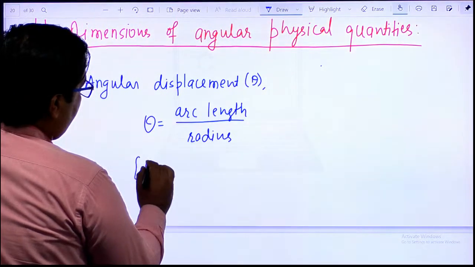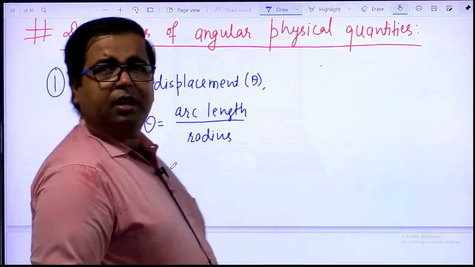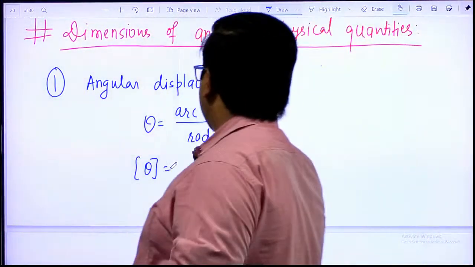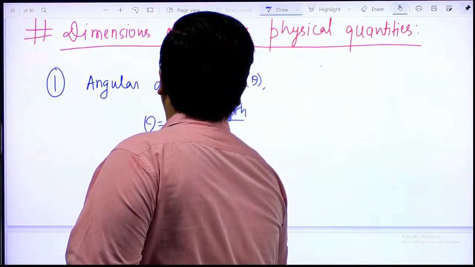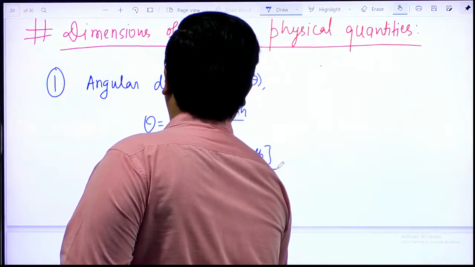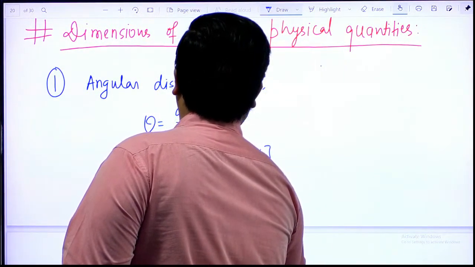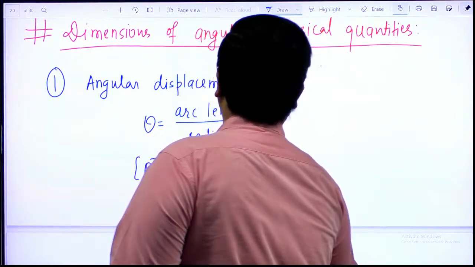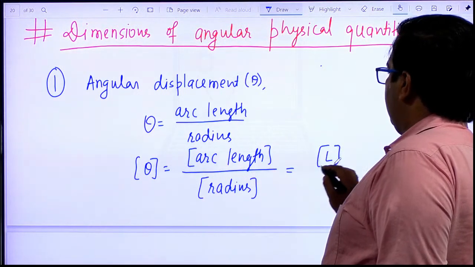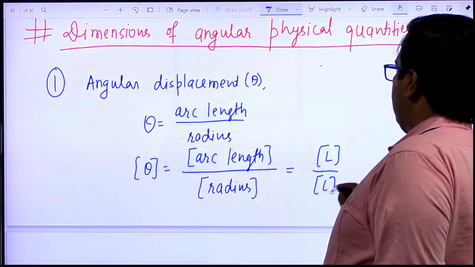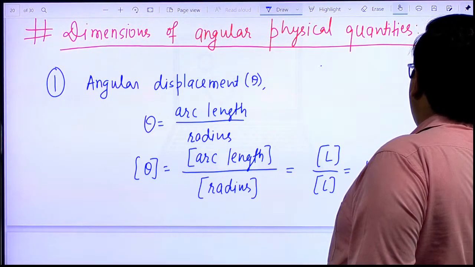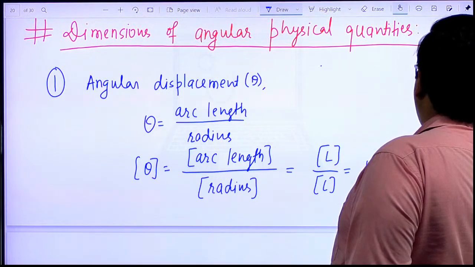So we can find the dimension of theta is equal to the dimension of arc length divided by the dimension of radius, which is equal to L by L, since arc length has dimension L and radius has dimension L. That means it's 1, or we say it is M0 L0 T0.